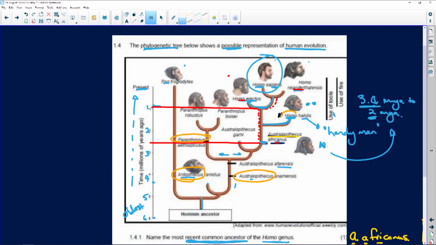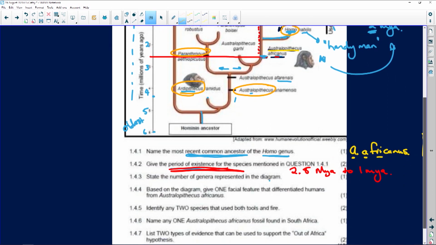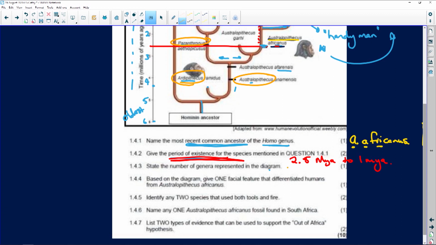We have Homo is 4. And Pan is 5. So there are a total of 5 different genera. So we're going to say 5 genera that are represented. Now, based on the diagram, give one facial feature that differentiates humans from Australopithecus africanus.